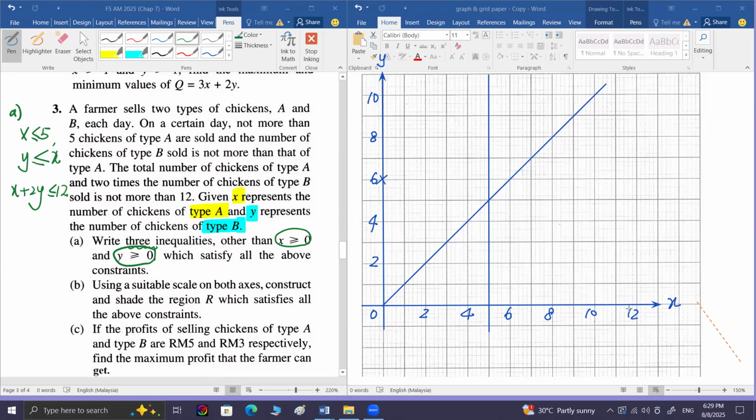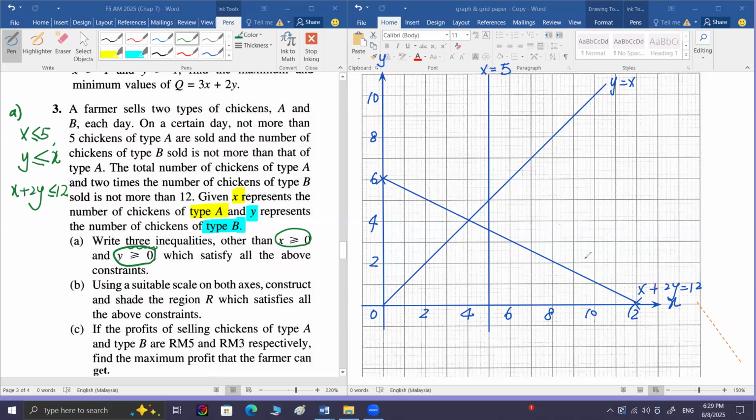When y is 0, x is 12. So I label first here, class. This one is y equals x. x equals 5. x plus 2y equals 12.